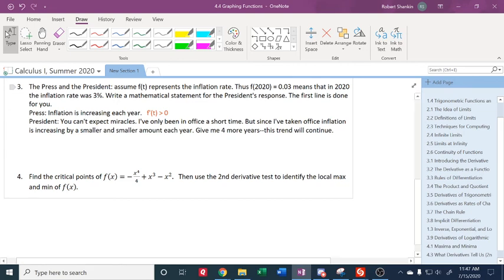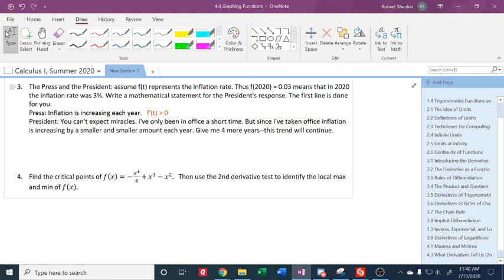The first line is the press response, and I wrote a mathematical statement of that. The press says, you've been in office now a couple years, and inflation is increasing each year. So what does that mean in terms of F, the inflation rate? F prime is greater than 0. So stated mathematically, F prime of t is greater than 0.